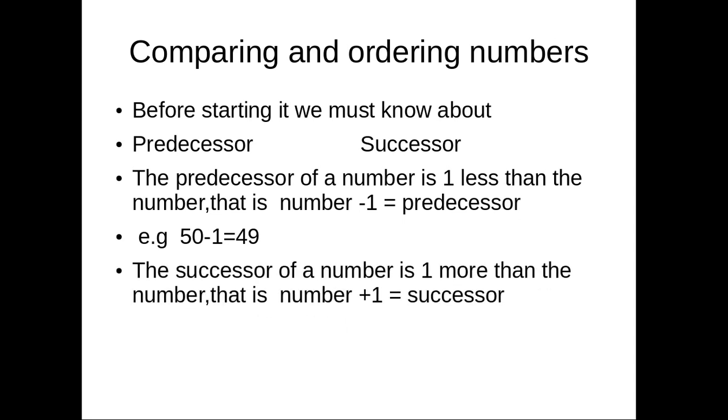And the successor of a number is 1 more than the number. 49 plus 1 gives 50. So you can say that 50's predecessor is 49 and 49's successor is 50.